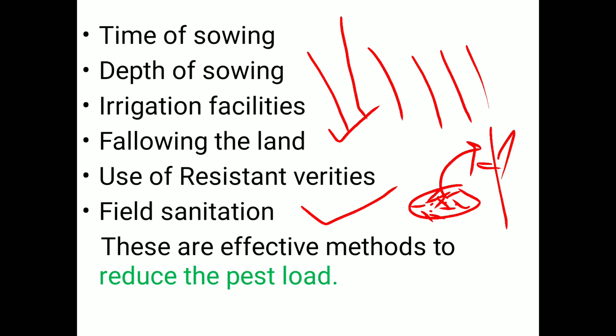So if you clean your field by collection and destruction of plant debris, pathogens do not get a proper place to complete their life cycle, and due to that pathogens get automatically killed. That simple method is field sanitation. We also have to collect and destroy the infected parts of the plant from the field.